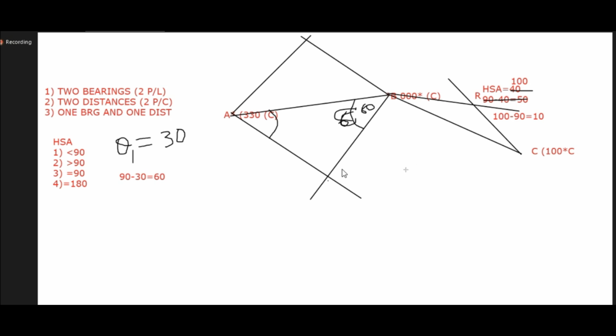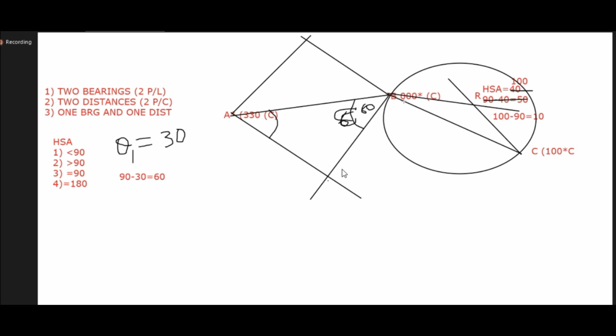Theta less than 90, sir, in the earlier case with 60 also the theta was less than 90, sir. Yes. Here one pair AB is still less than 90, but BC is more than 90. I kept AB the same, 330 and 000.